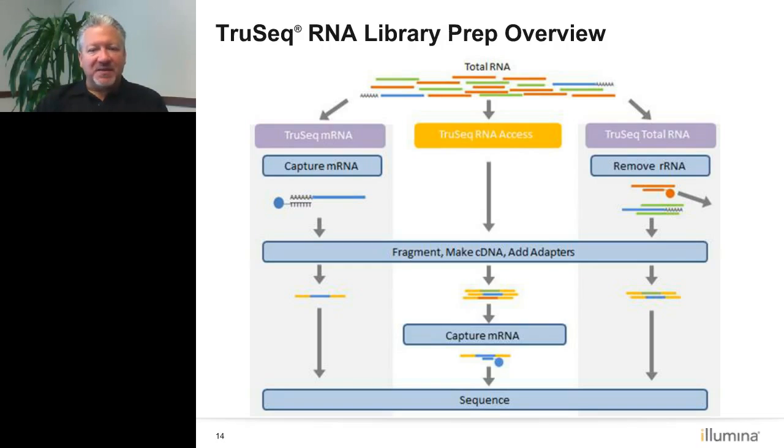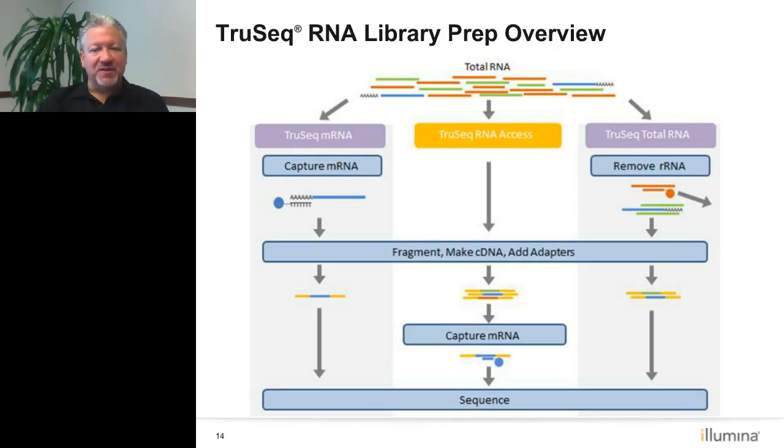And the Access process is actually more similar to an exon capture or exome sequencing process that you might be familiar with in a DNA world than anything we've ever done in the RNA world before. So what we do is we skip both mRNA capture and ribosomal removal. We take all of the total RNA and convert it into a library. So we fragment all of it.